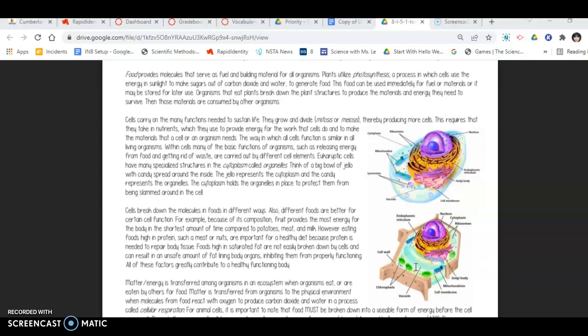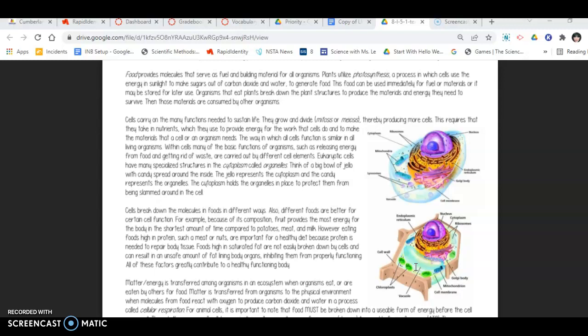But really they're the things in the cell that help the cell do all the functioning that it needs to. Like your mitochondria, that's your powerhouse of the cell, right? Or how about your Golgi apparatus, that's your packing center. All of those things you should have learned in 7th grade science, but if you didn't, we need to review that as well.